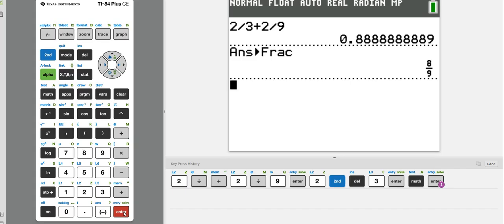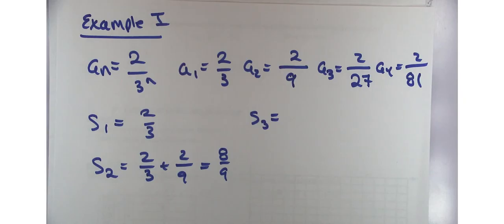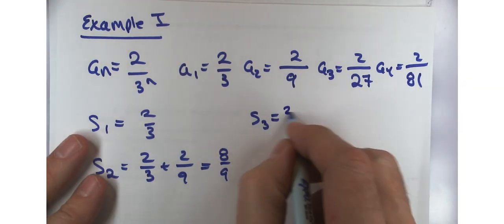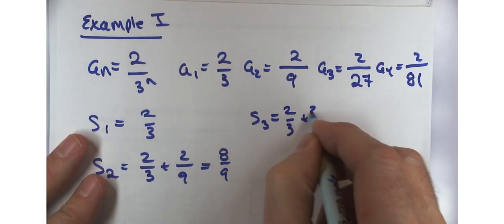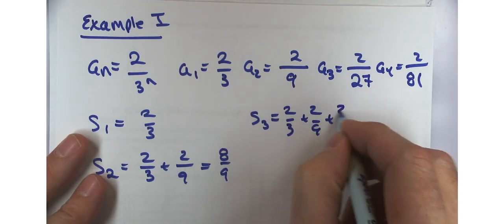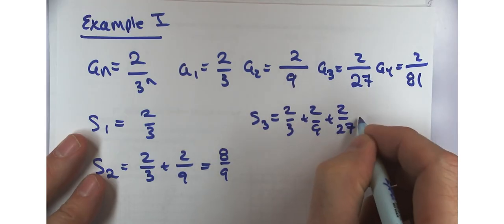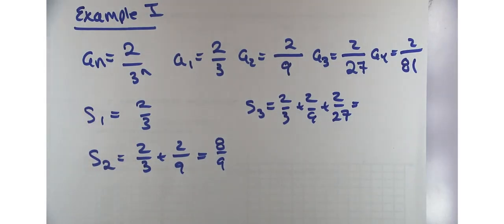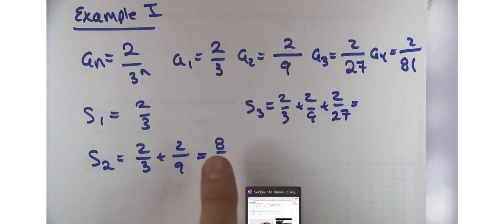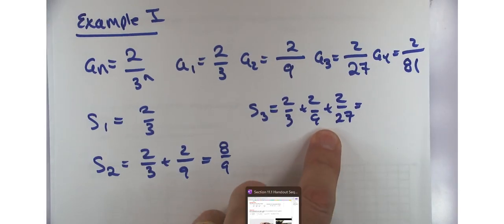Okay. Let's try it again with S sub 3. S sub 3 is going to be 2/3 plus 2/9 plus 2/27. Now the smart thing to do is to take your 8/9 and add 2/27.